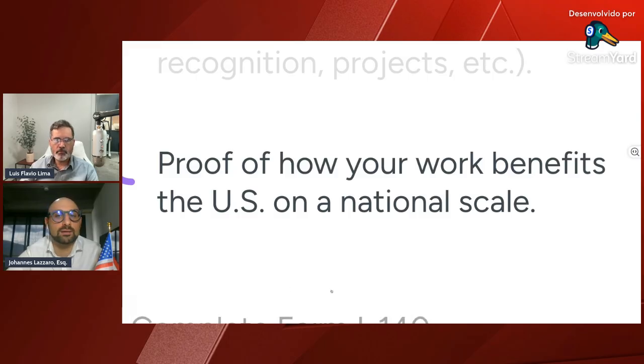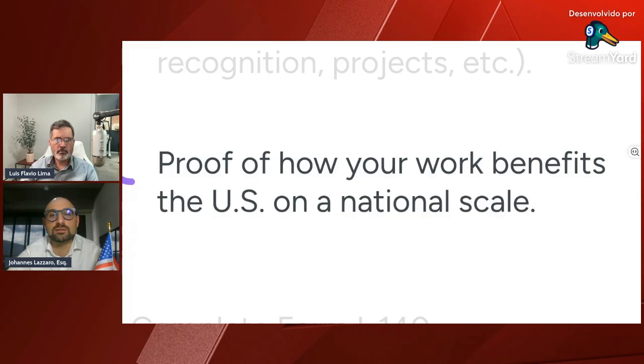Let's say you are an entrepreneur and your idea is to set up a consulting type of business. This consulting business, by definition, will offer services to businesses usually around the country, not necessarily depending on your area, but ideally around the country. And by doing so, your work will have an impact that goes beyond the people you work with directly, right? And this is how you can prove a benefit on a national scale fairly easily, right?